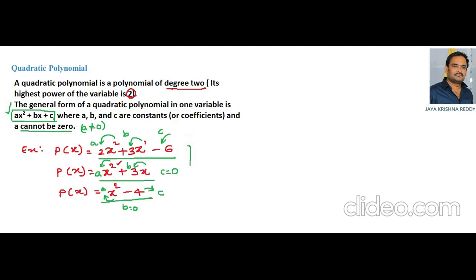Now the degree of a quadratic polynomial is 2. So it has at most two zeros.